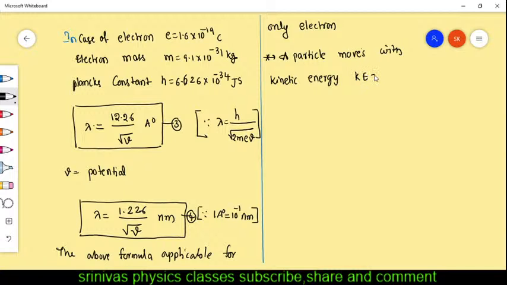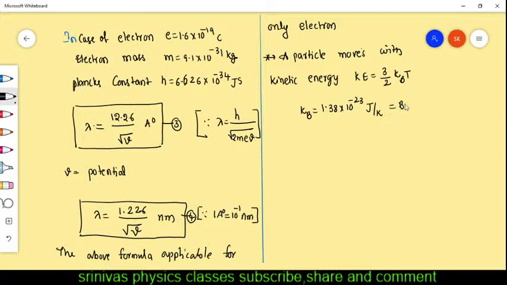Then the KE formula in terms of temperature we write as 3 by 2 kBT. Due to the temperature, if it is moving, the KE formula is 3 by 2 kBT, where kB is the Boltzmann constant. kB value is 1.38 into 10 to the power of minus 23 joule per Kelvin.